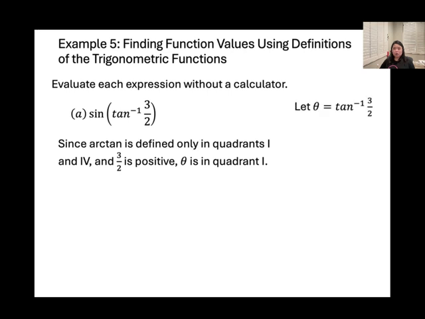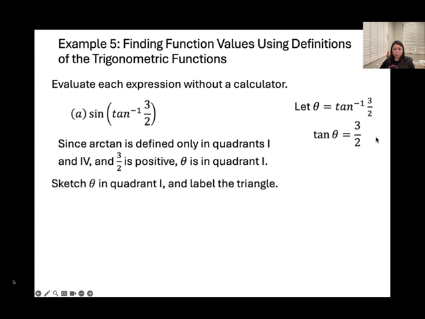So now we're going to let theta equal tangent inverse of 3 over 2. And then we will write this as tangent theta equal to 3 over 2. And we know this is going to be in quadrant 1. So we can sketch theta in quadrant 1 and then label the triangle.